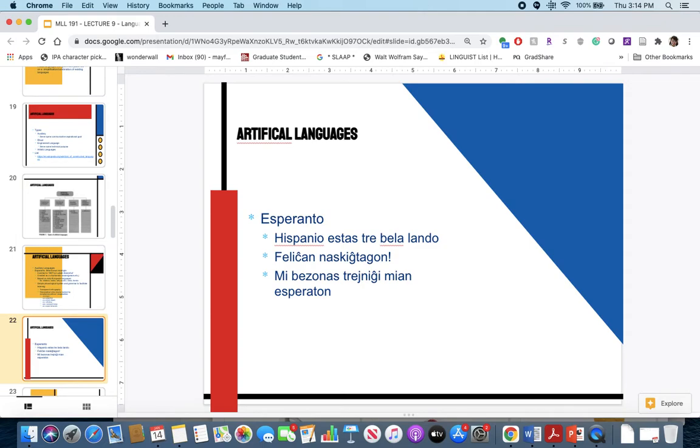And then mi bezonas praktiki mian Esperanton, which I think means I need to practice my Esperanto, and that's very clear. But yeah, you can kind of guess, right? You already know that Hispanio and lando are nouns because they both end in O, and you already know that an A means that it's an adjective.